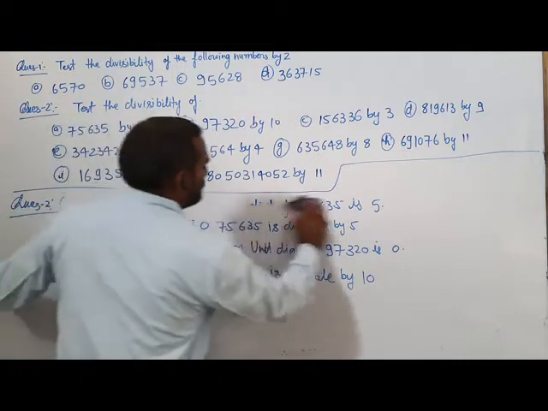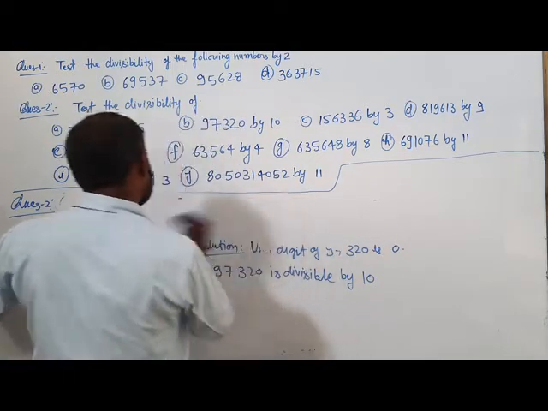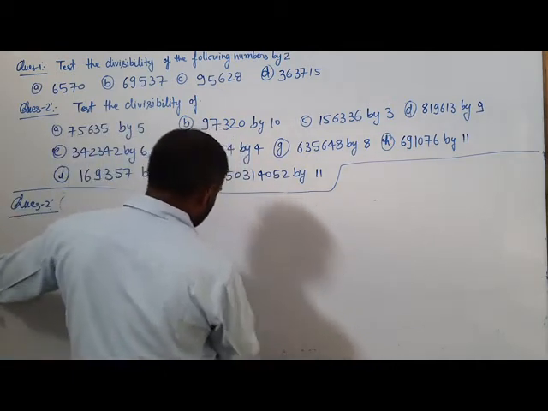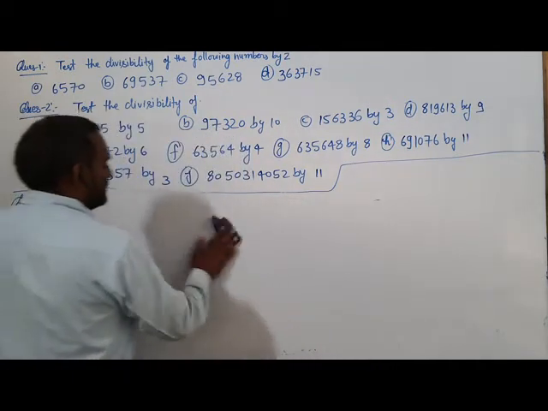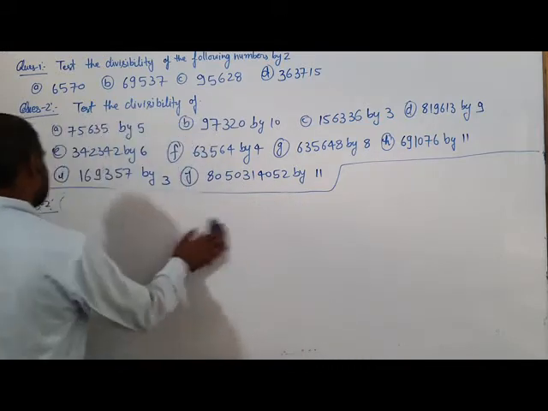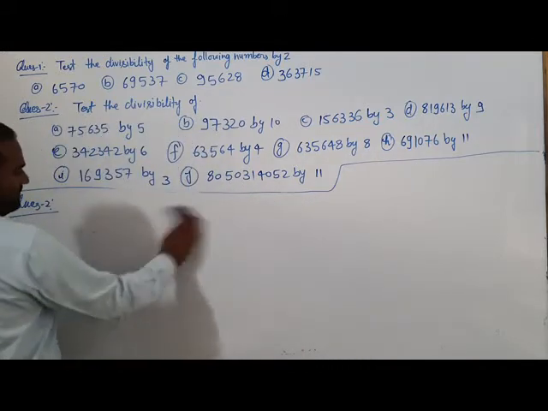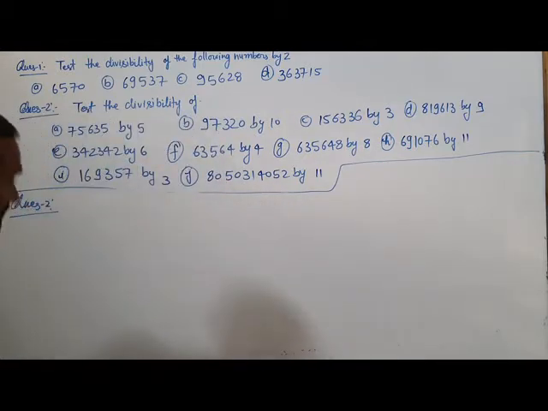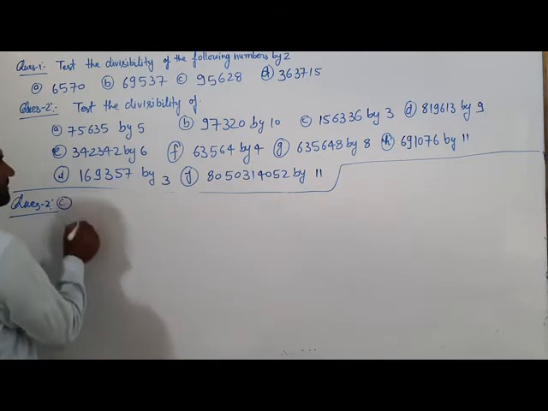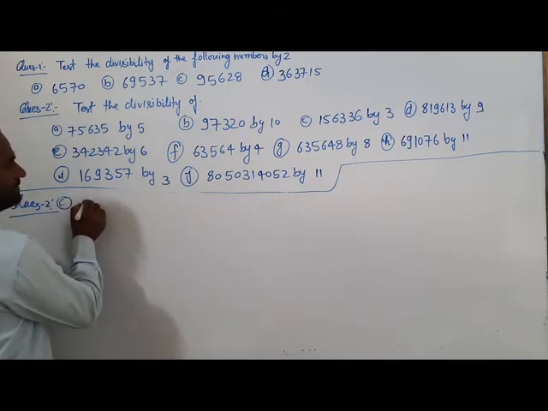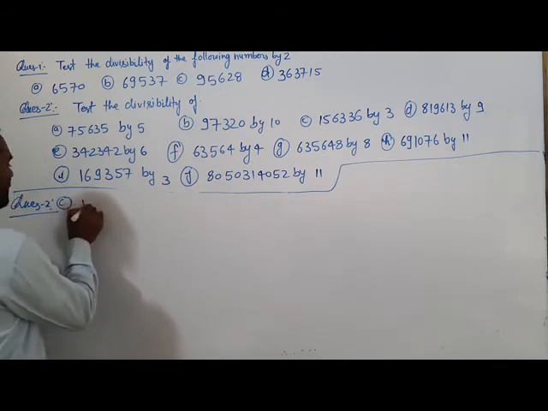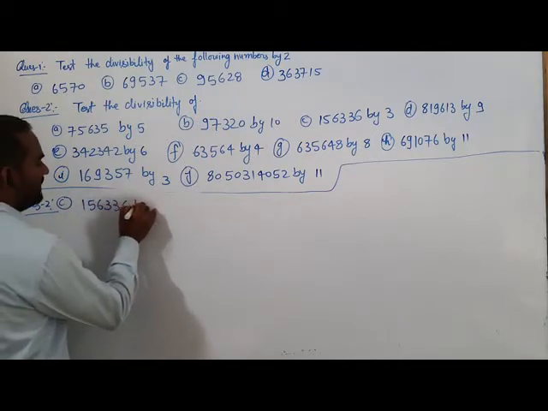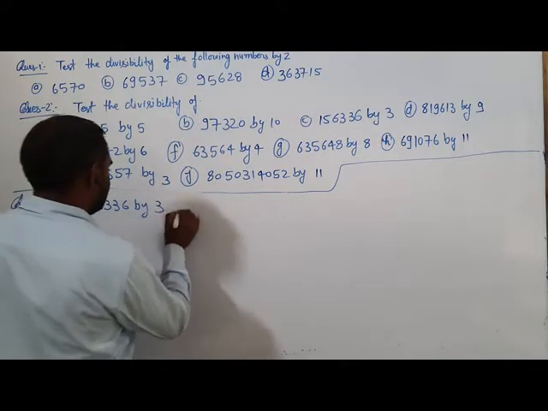So in this way you can solve the other options. Let's solve option number C. It is very easy. If you have learned the divisibility of numbers, you can test any number. Option C is 1,56,336 by 3.